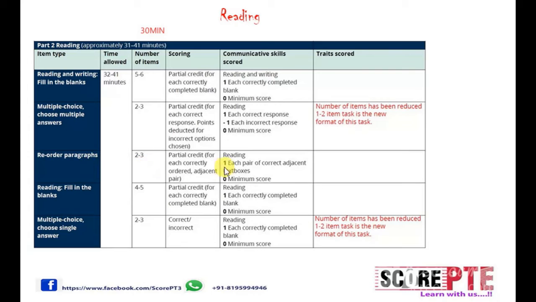And reorder paragraph has no negative marking, reading fill in the blanks has no negative marking, and the rest of the items have no negative marking criteria as well.